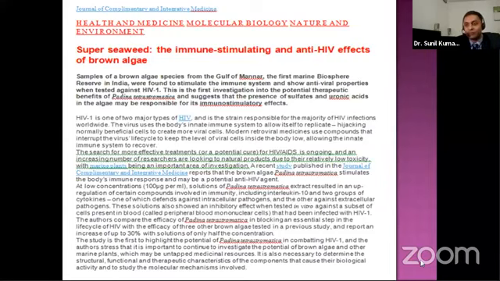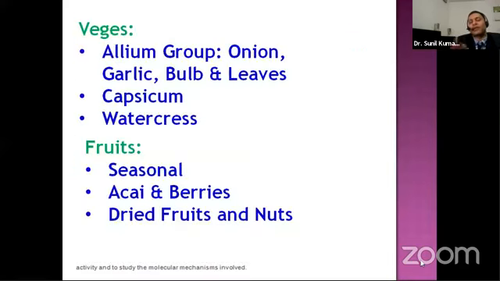So it has got some antiviral functions as well, I believe. But about corona, about COVID-19, we don't know anything about it yet, but I believe there should be, because if it can act against HIV, it should be able to act against COVID-19 as well.